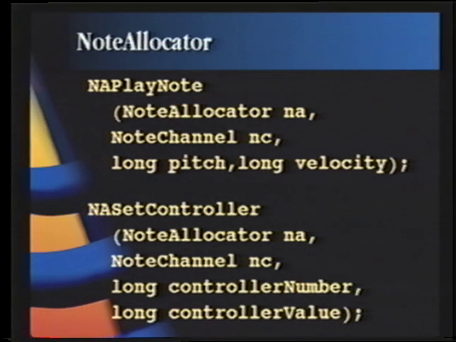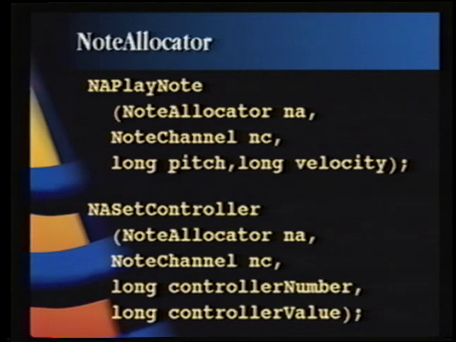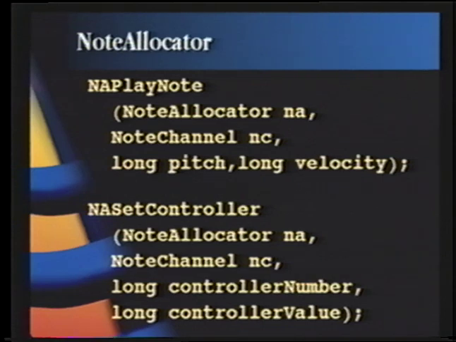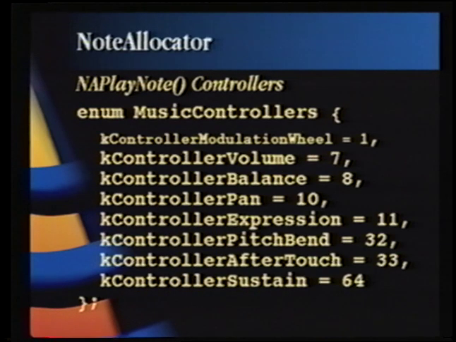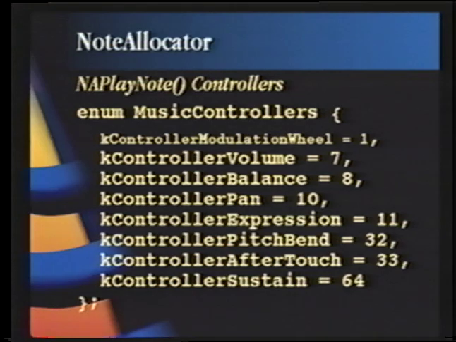Pitch bend is also rigorously defined to always be in semitones. So a value of 256 or hex 100 is always a semitone up pitch bend. So there's no set pitch bend range kind of notion. And these are a list of some of our controllers that we support. Nothing very exotic there. Volume and balance and pan have to do with stereo separation.